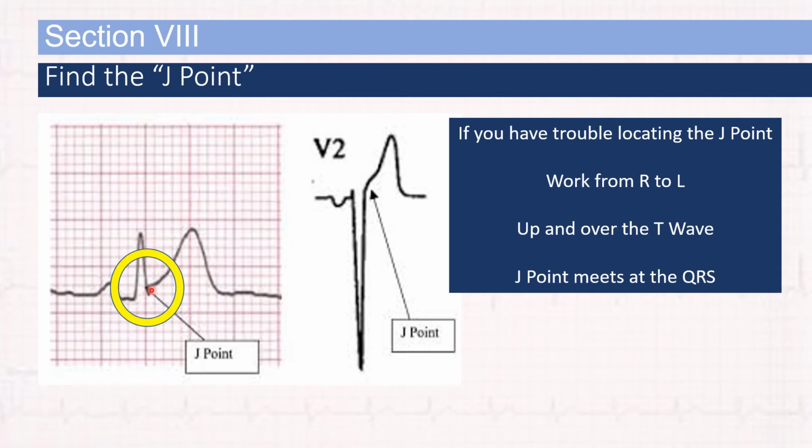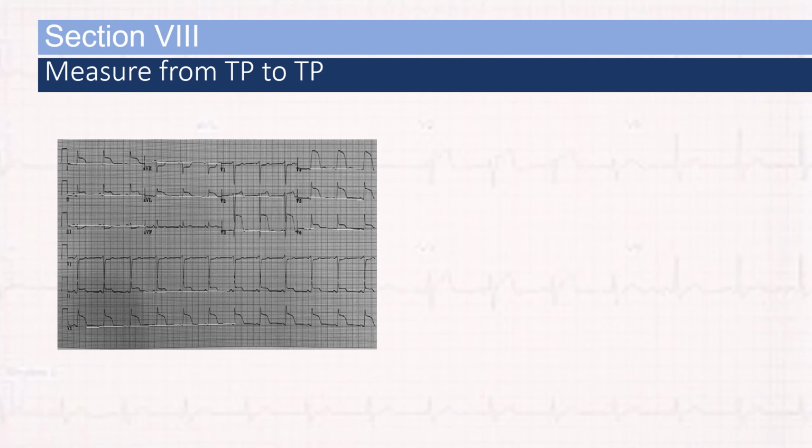If you have trouble locating the J point that way, work from right to left, up and over the T wave, and at the point where it abandons the T wave or meets with the QRS, that is your J point. So we understand that we measure the J point to determine if it is elevated or depressed.